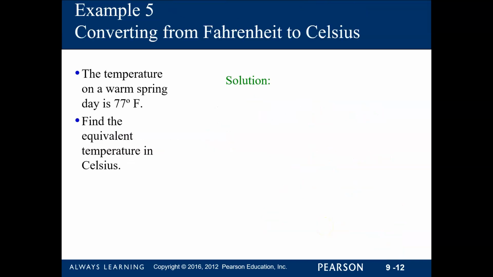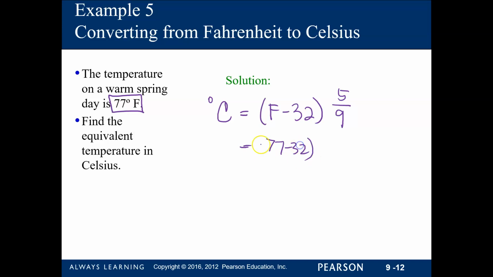Now let's take a look. If we have Fahrenheit and we need to convert it to Celsius. If the temperature is 77 Fahrenheit, this is now the given. How do we find the Celsius? Remember, with Celsius, what you need to do is subtract 32 from the Fahrenheit measurement and then multiply that by 5/9. So in this case, we will have 77 minus 32.